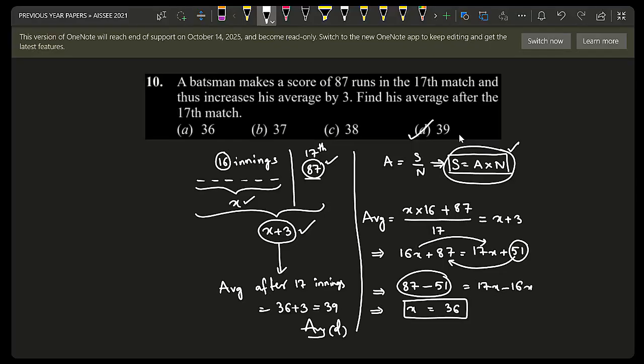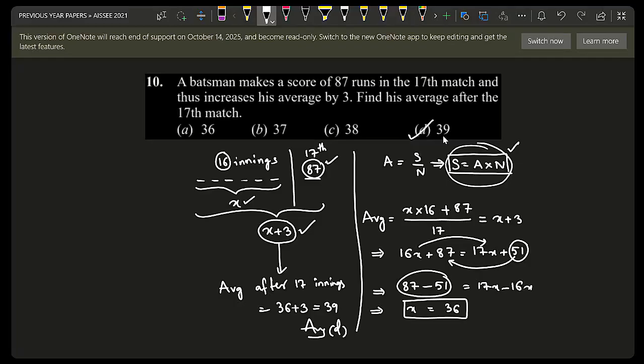I'm not asking the average formula. Average formula, you know, sum by number. I'm asking the sum formula: sum is equal to A into N. What is A? What is N? Average into number. Yes or no? Yes, sir.